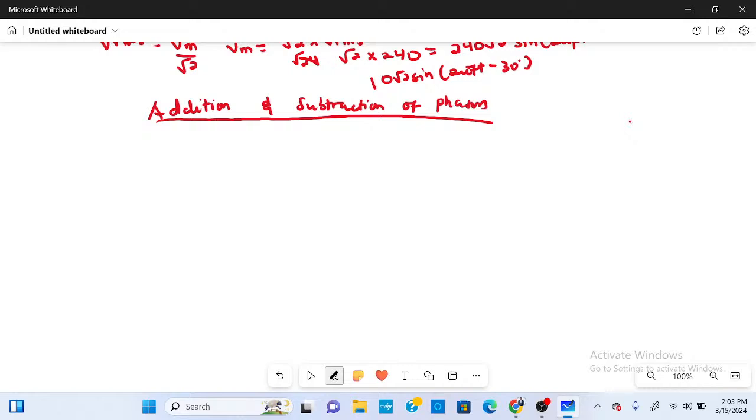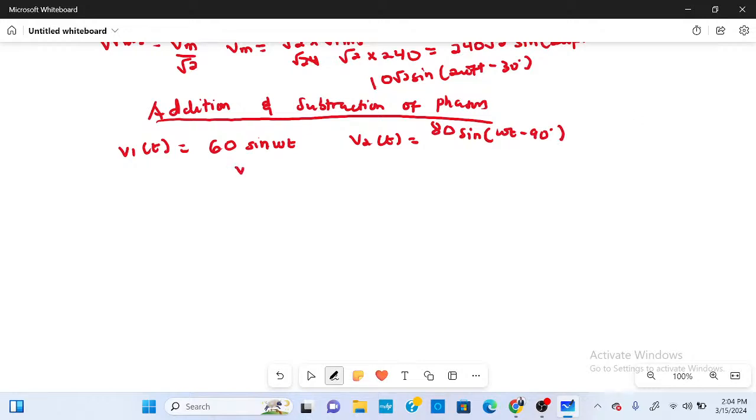So let's see. Let's take this problem. I have v1 of t equal to 60 sine omega t, and v2 of t is equal to 80 sine omega t minus 90.